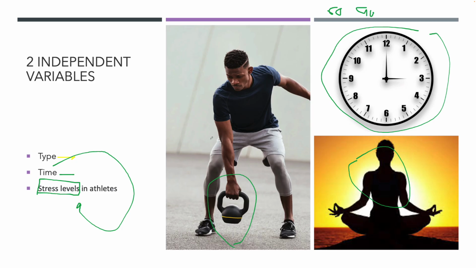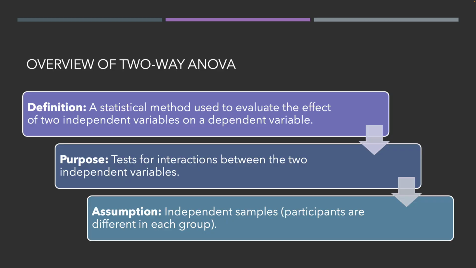Are these things impacting stress levels independently? Is there an interaction between these things? Does time play a role in these things? There would be another independent variable. So we're looking at how all these factors impact a single dependent variable. And I will, of course, give you guys lots of examples of this.